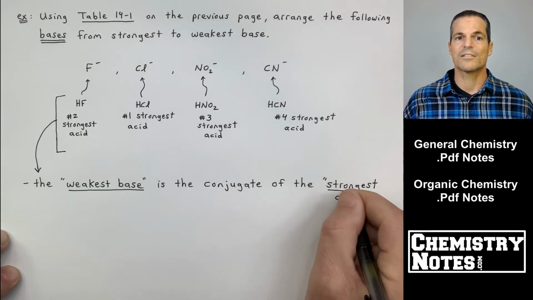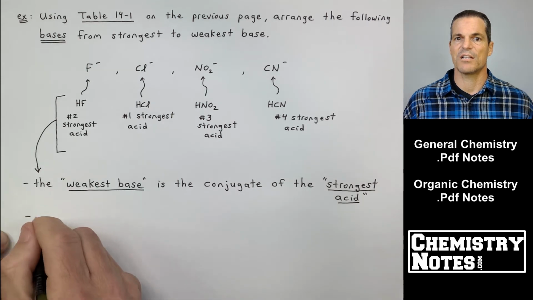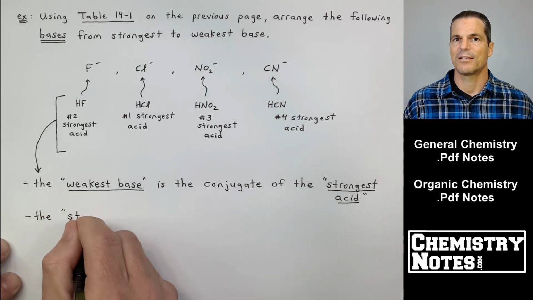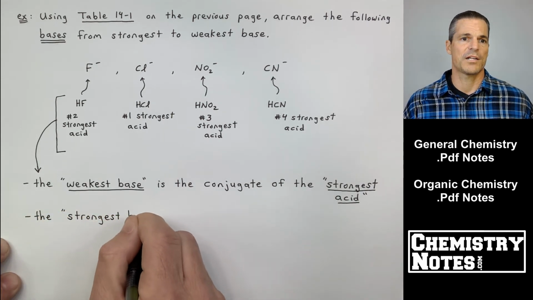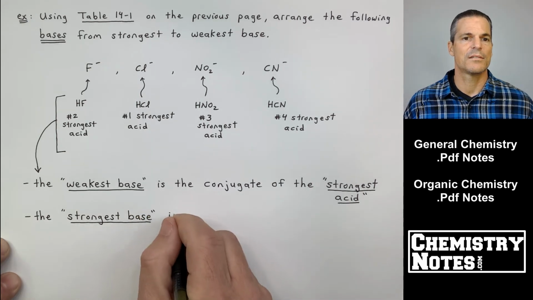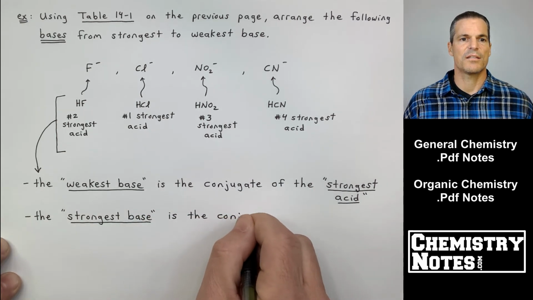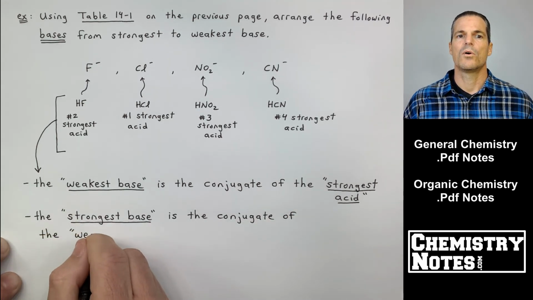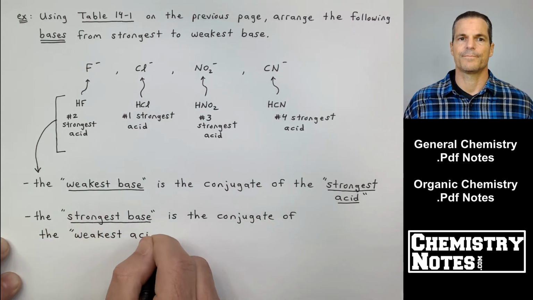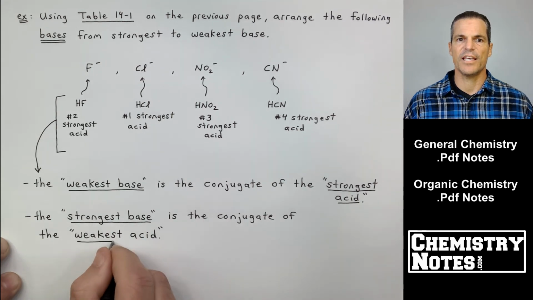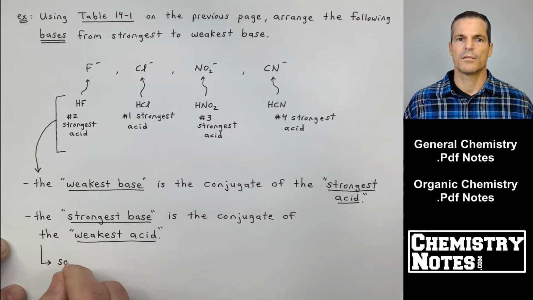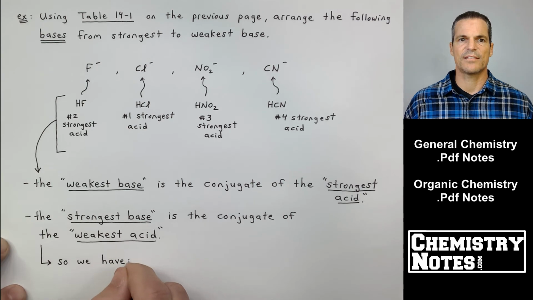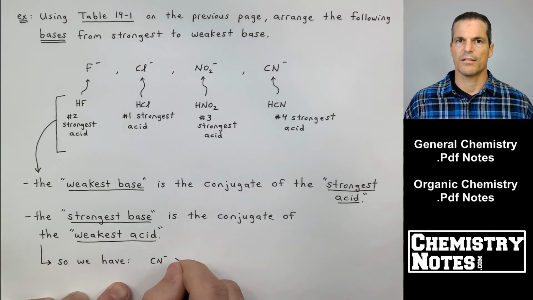So the weakest base is the conjugate of the strongest acid. More importantly for this particular problem, the strongest base is the conjugate of the weakest acid. So who is the weakest acid up there? HF, HCl, HNO2, or HCN? The weakest acid of the group is HCN.